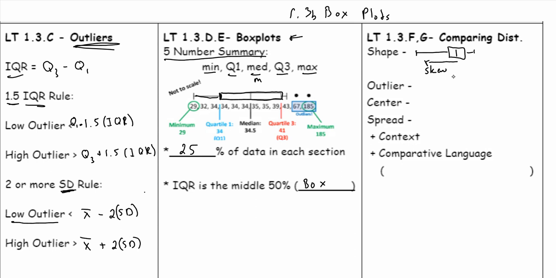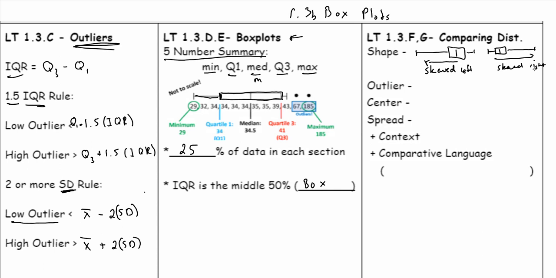In this case, because you probably had some outliers or very large values over here, it would be skewed to the left. You can also have it skewed to the right if you notice the same kind of thing and you have a huge point over here. This would be skewed to the right.